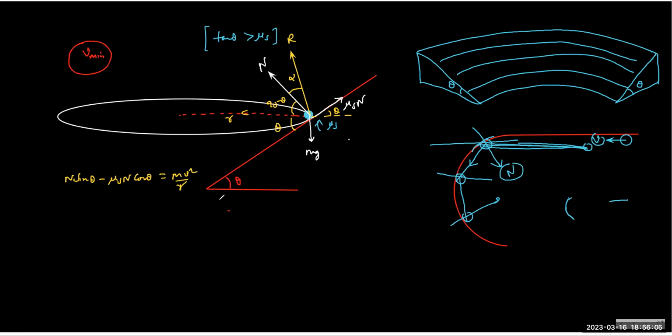And the other concept in circular motion, in horizontal circular motion or any circular motion, is that the net force perpendicular to the plane of motion must be 0. Which means N cos theta plus mu s N sin theta must balance gravity mg. These are only two concepts.